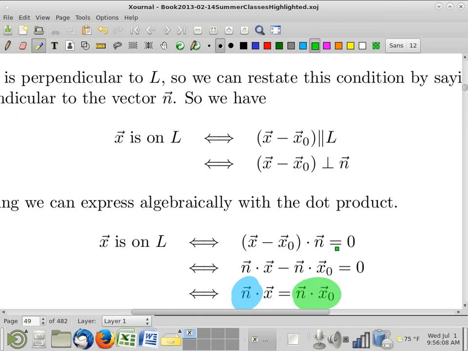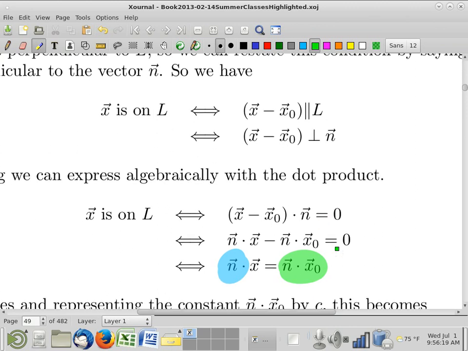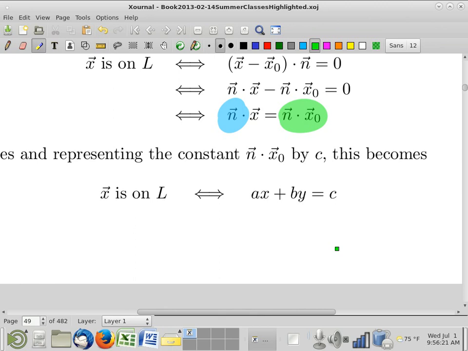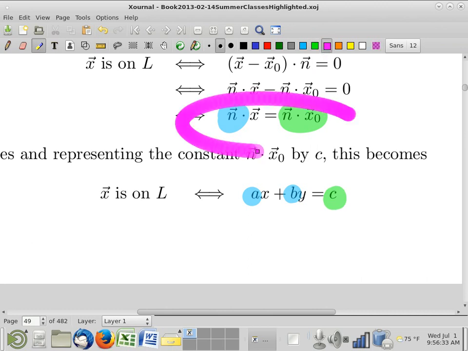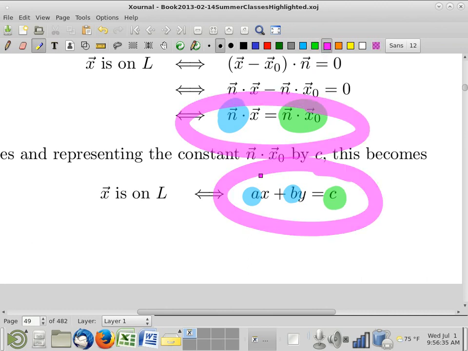I can compute that number. Multiply and add, compute this dot product, it's some number. Let's call it c. And then look what this equation turns into: the normal vector with its coordinates a and b, dot product being c. This equation that we just derived becomes the equation that I never liked when I was in middle school.